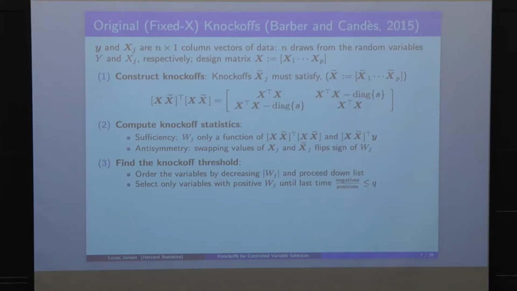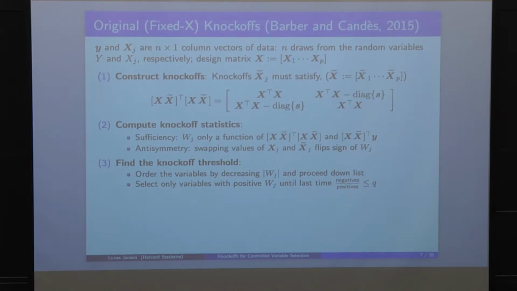And then I'm going to go down the list and keep rejecting any positive wj's. So I've also kept track of their sign, but they're only ordered by their absolute value. And I'm going to reject the positive ones until the last time that the ratio of negatives to positives that I've passed so far stays below Q, the nominal false discovery rate.